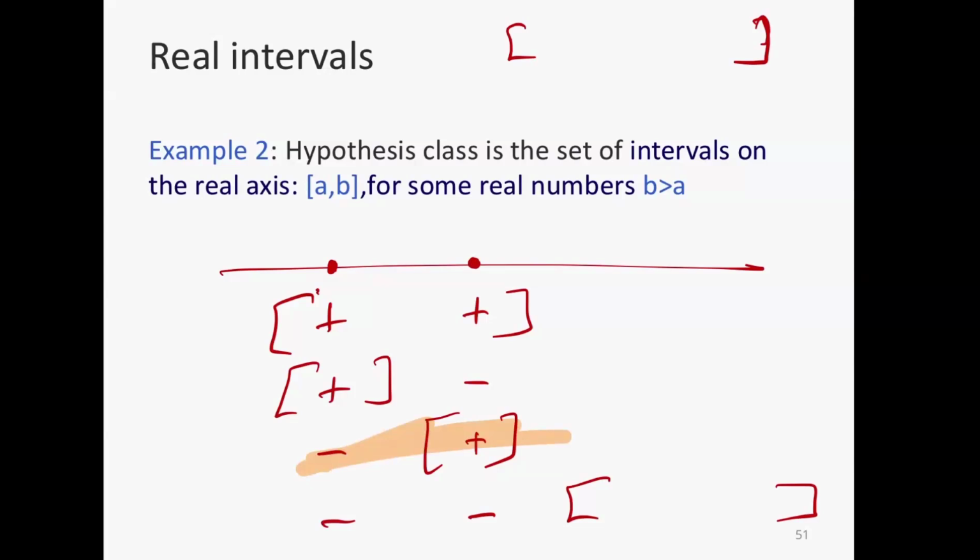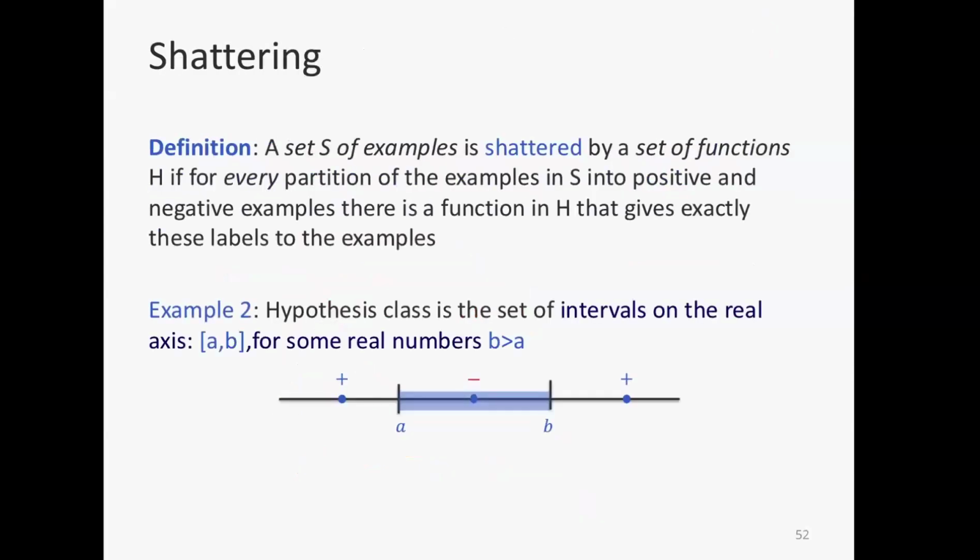Right? Okay, good. So now let's consider 3 points. If I have 3 points, here's a counterexample. What I'll do is I will label the middle point as negative and the outside 2 points as positive.